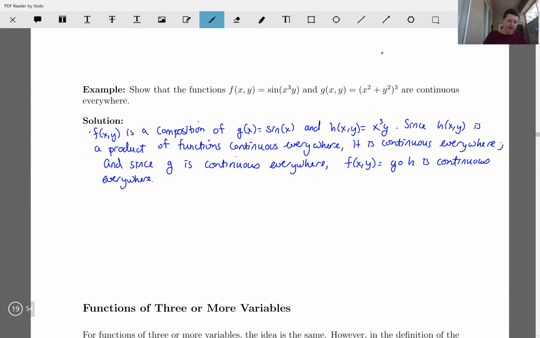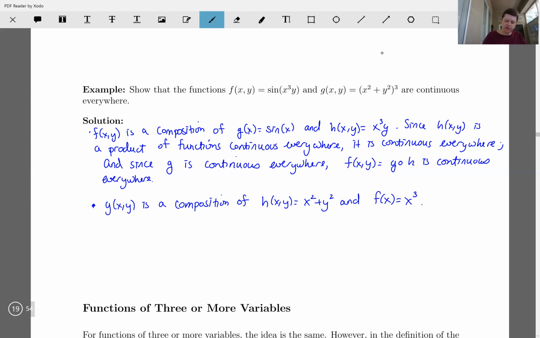What about the function g of x, y? It is a composition of the functions h of x, y equals x squared plus y squared, and f of x equals x cubed.